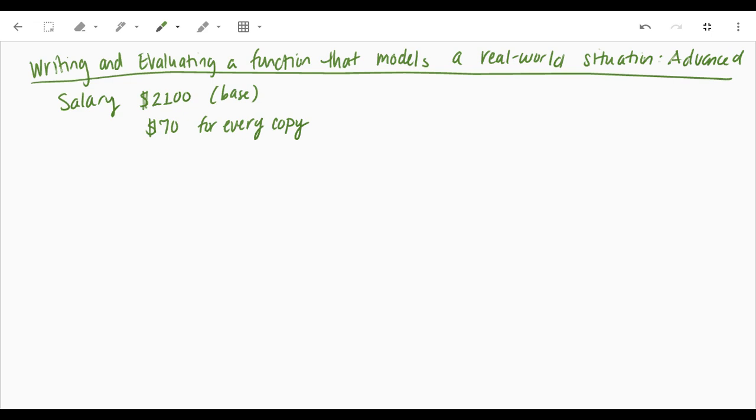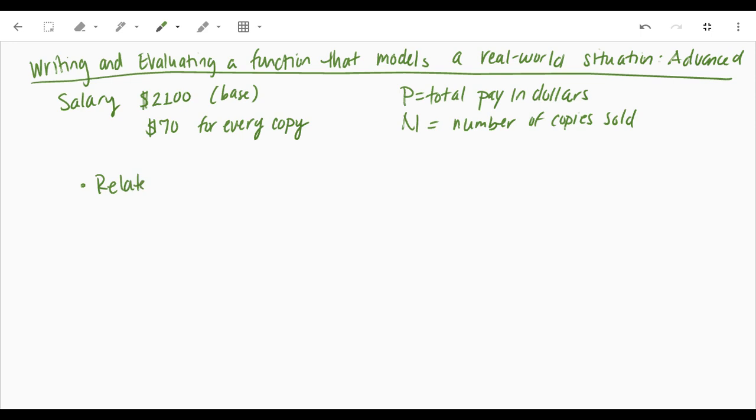Okay, let P represent her total pay in dollars. N is the number of copies she sells. Write an equation relating P to N. And then use it to find her total pay if she sells 22 copies. Oh, you guys got this.